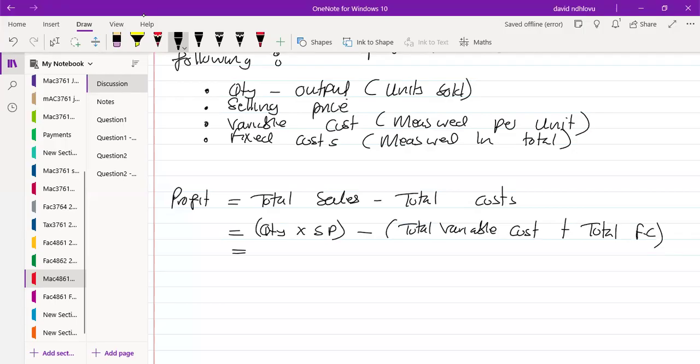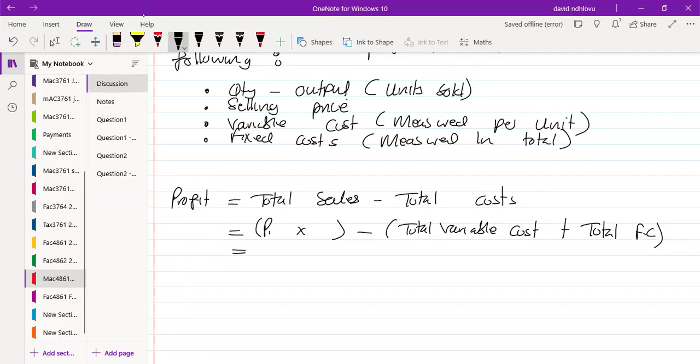We can continue and symbolize that. Usually quantity is represented by X, and P is for price, so that we don't confuse them.